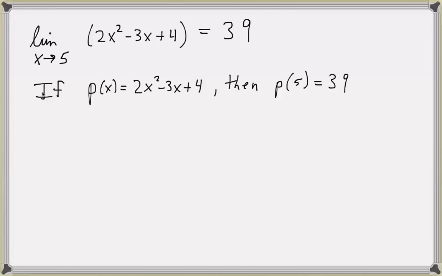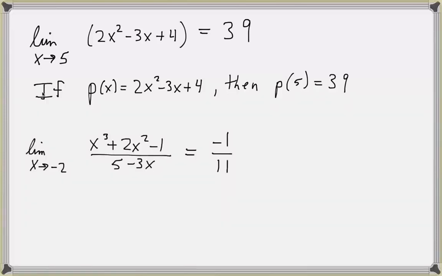This also works for rational expressions as long as you're not dividing by 0. We saw that the limit of this rational function, which is a fraction of two polynomials, was negative 1 over 11. But this is what you would obtain simply by plugging in negative 2 for x into this expression.